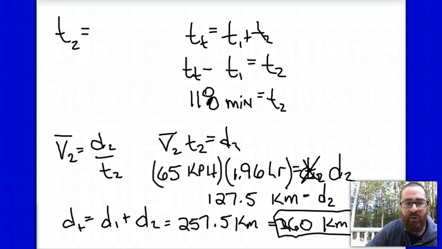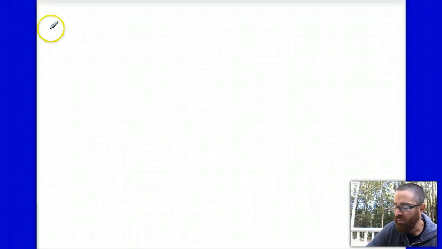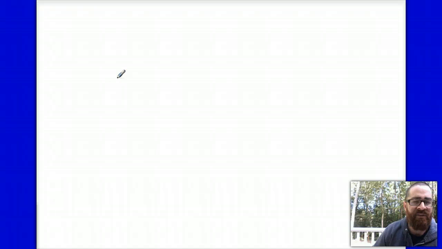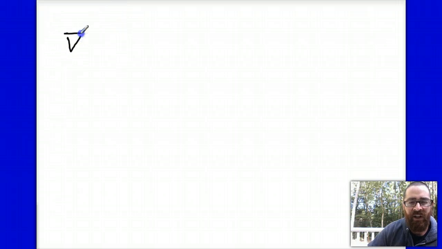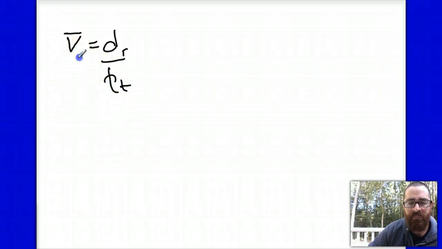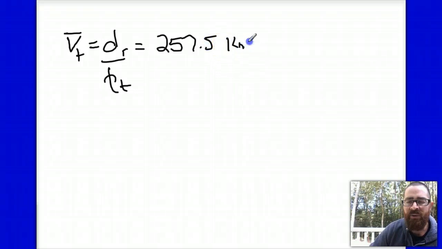The second part of the question asks me, what's your average velocity? In this case, the average velocity is not simply the average of the two during step 1 and step 2. By definition, average velocity is, again, total distance over total time for the average velocity during the entire interval. So the total distance that I traveled was 257.5 kilometers. Notice that I've put in that intermediate, non-truncated number, 257.5.